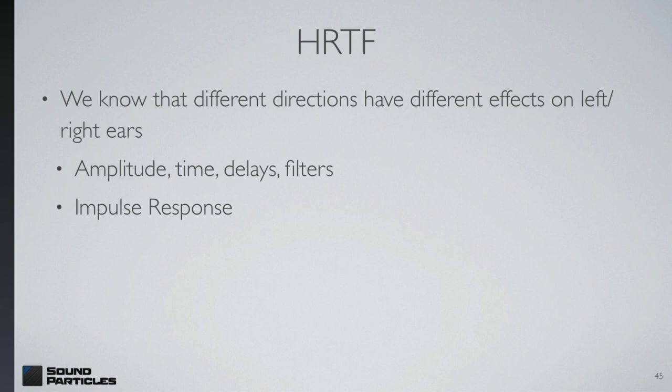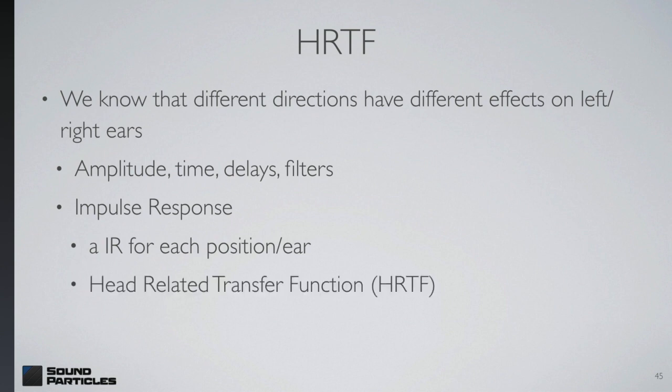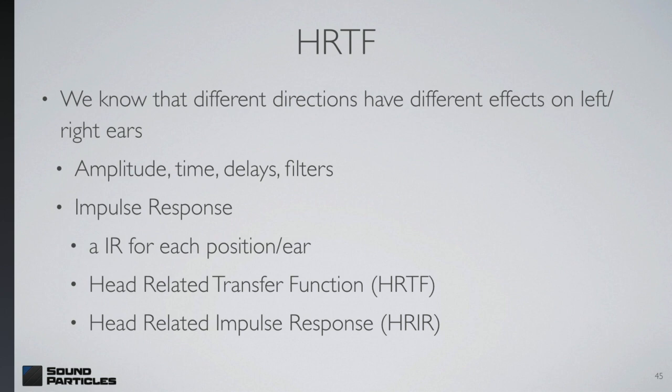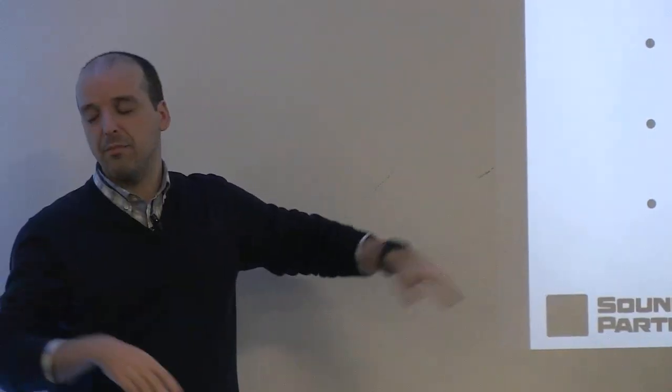So if I want to represent the sound coming from this direction, the only thing that I need is a pair of impulse responses. An impulse response for the right ear and an impulse response for the left ear, okay? So essentially what we do is we have this impulse response for each position and for each ear, and this is called head-related transfer functions or head-related impulse responses. They are the same thing. In here we are talking about frequency domain, in here we are talking about time domain, but essentially it's the same thing.